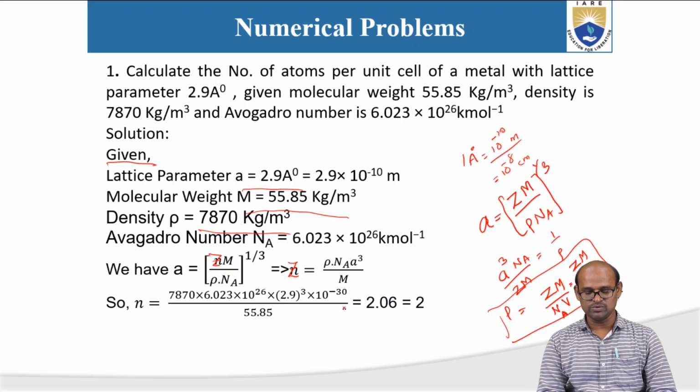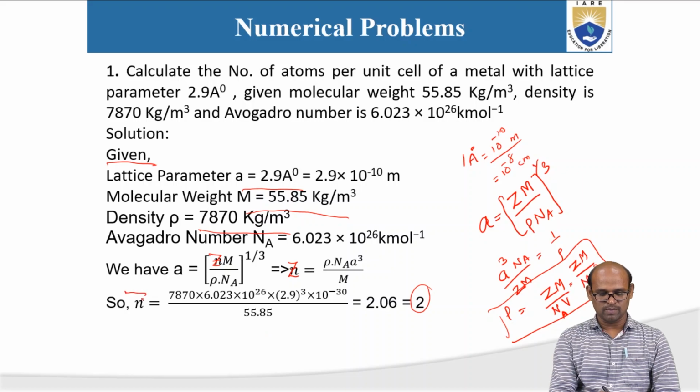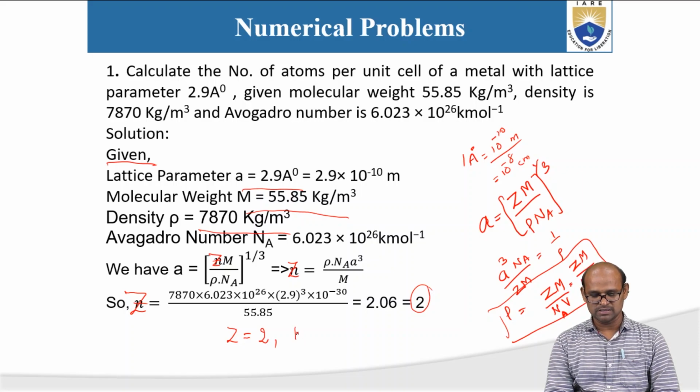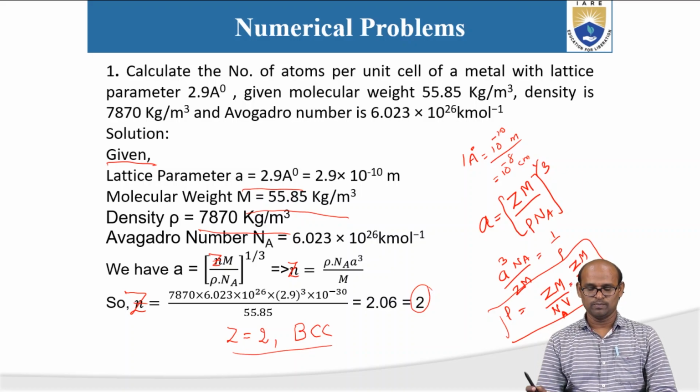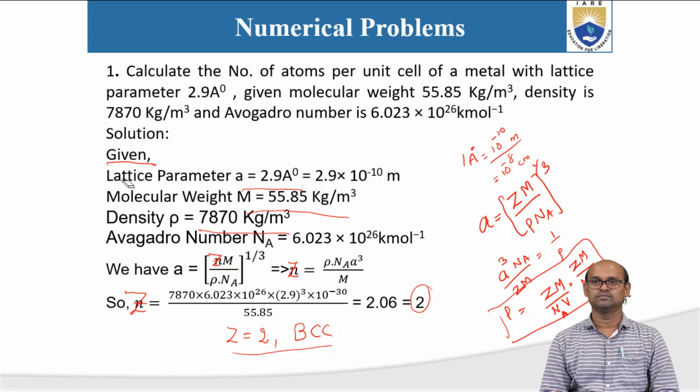Substituting all the values, we find the number of atoms per unit cell is 2.06. Rounding it off, the number of atoms per unit cell Z is 2. So the given lattice is a BCC lattice, because the number of atoms per unit cell is 2 for the body centered cubic unit cell.